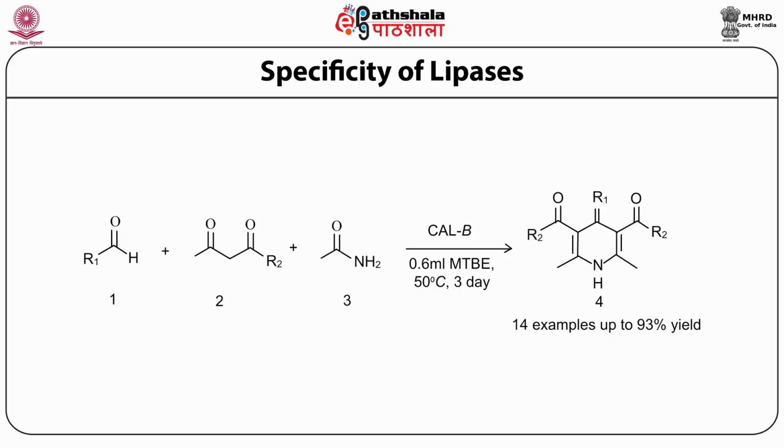The synthetic utility of lipases has been exploited at the industrial scale as well. BASF process for obtaining chiral amines involved selective acylation of one enantiomer present in the racemic mixture of amines by using alkyl methoxy acetate as the acyl donor.